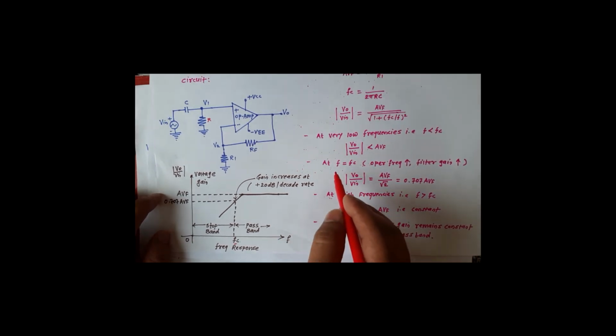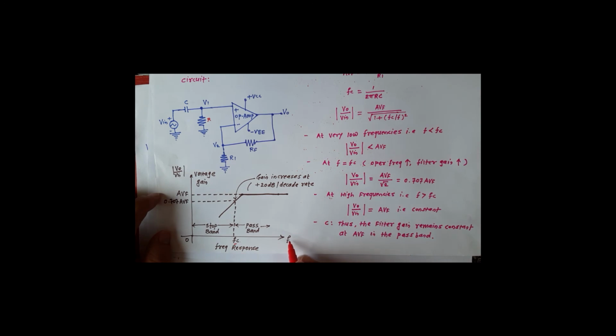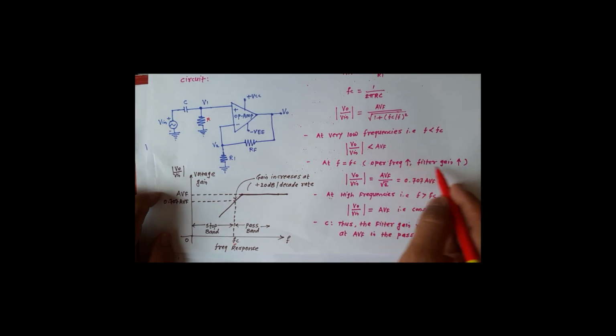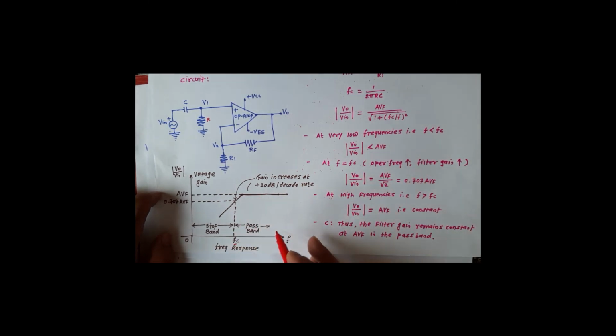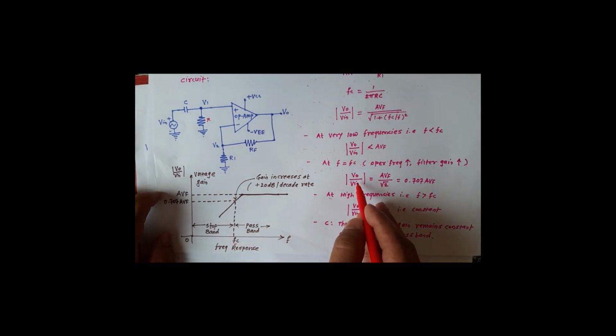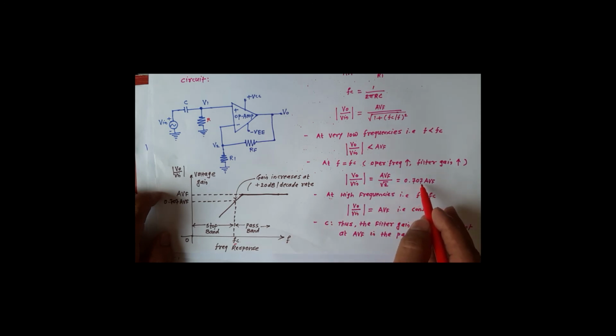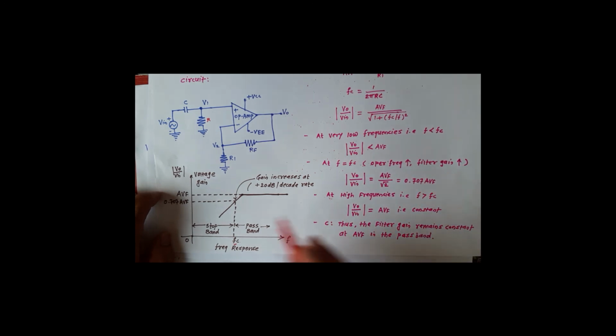Next, when the operating frequency f is equal to fc, the cutoff frequency, the voltage gain magnitude V0 by Vin is equal to 0.707 AVF.